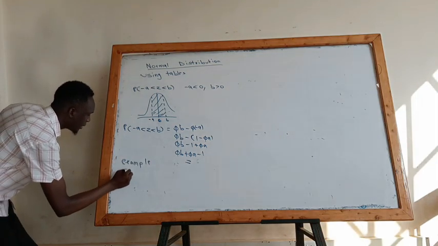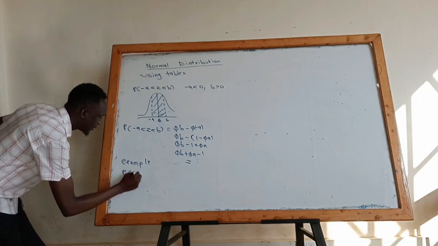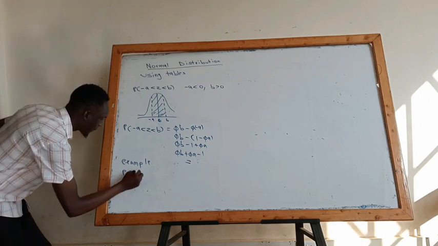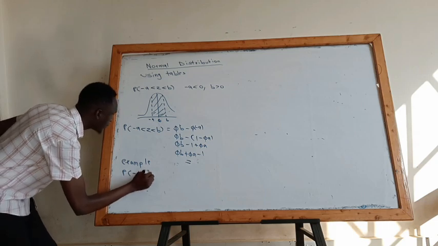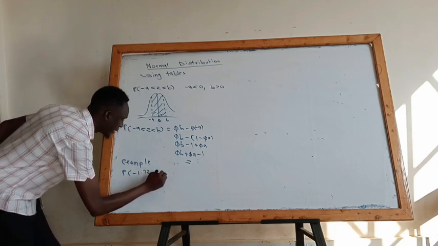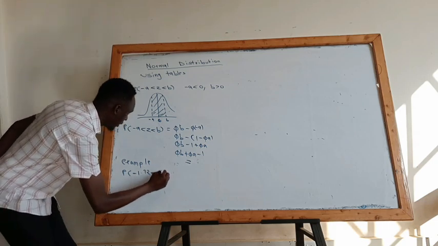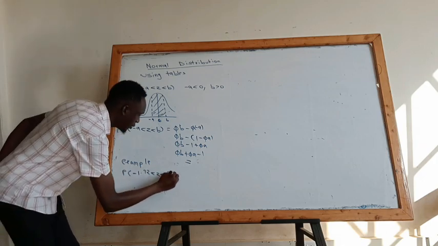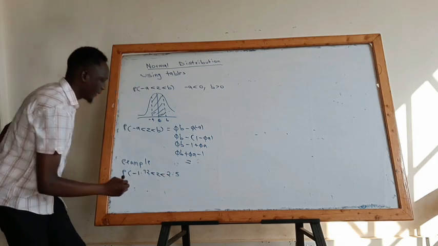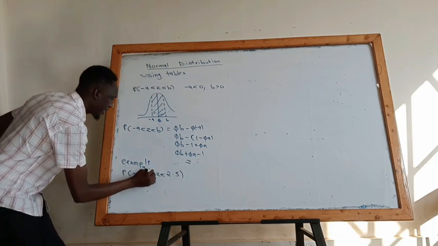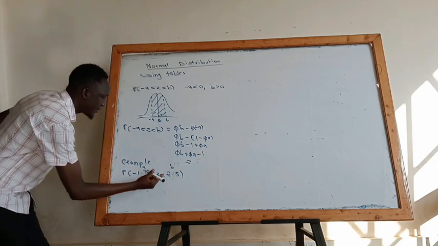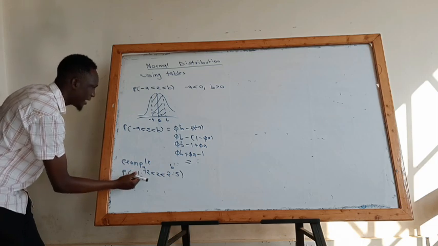Find the probability that negative 1.72 is less than Z less than 2.5. This is our A, this is our B. This is the same as phi B plus phi A minus 1.